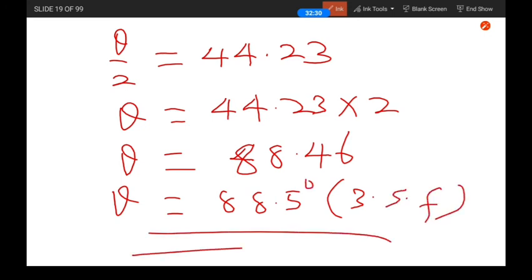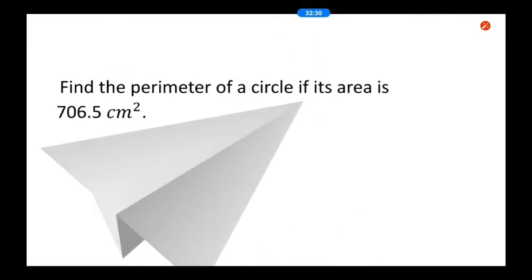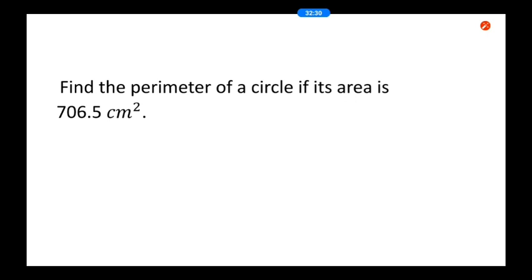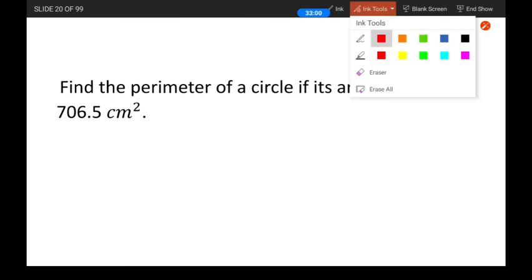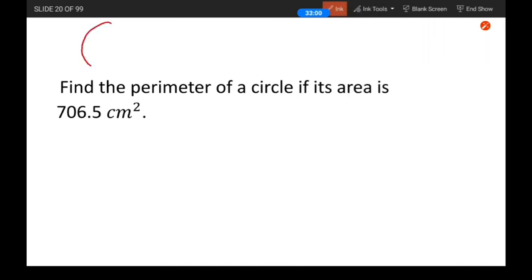So please note that you have to know the formulas of all those things. Is that okay? Now let's look at this. Find the perimeter of a circle if its area is 706.5 centimeters squared. Now I will have to explain this again. The perimeter of a circle is also called the circumference, right?